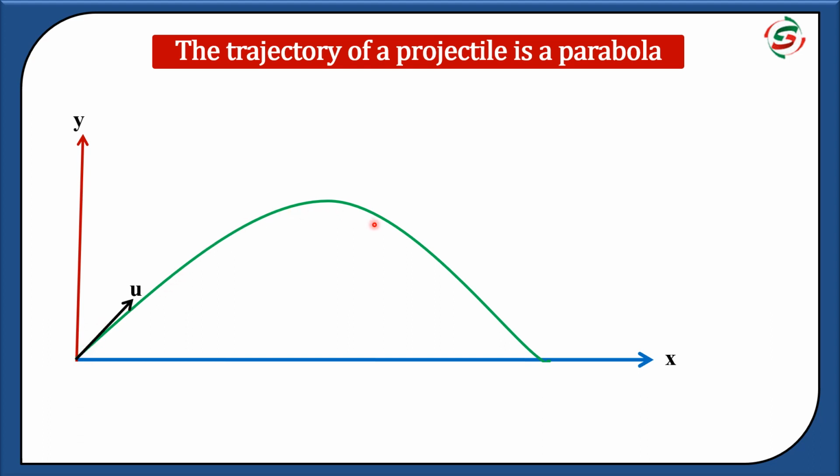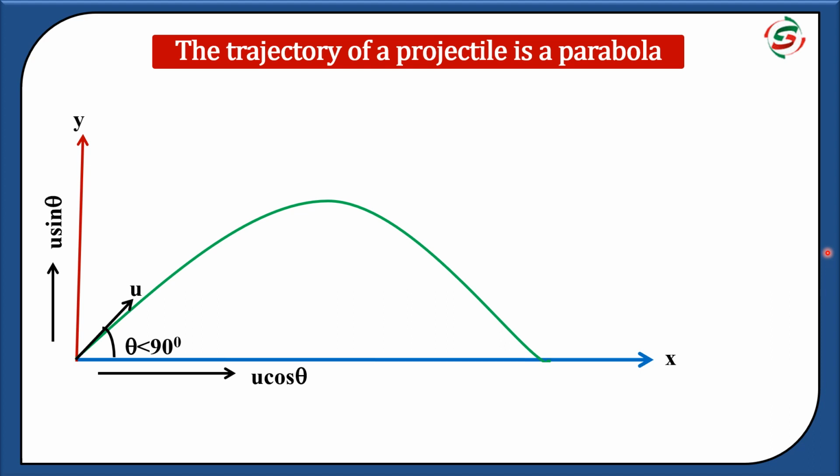So this path is a parabola. Your theta is less than 90 degree. The velocity is resolved into u sine theta along the y-axis and u cos theta along the x-axis. The horizontal component is u cos theta and the vertical component is u sine theta.